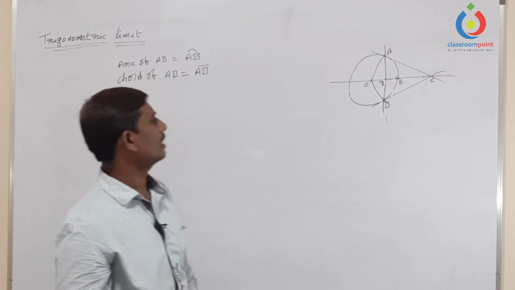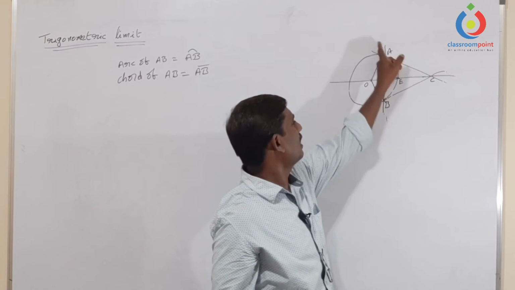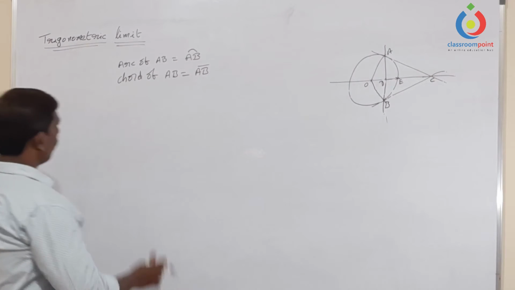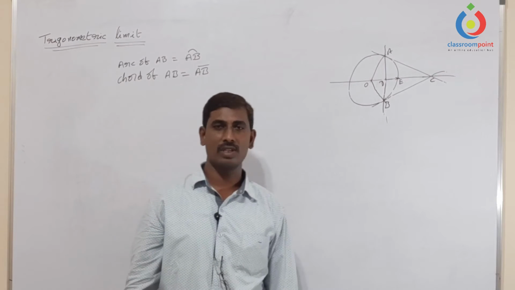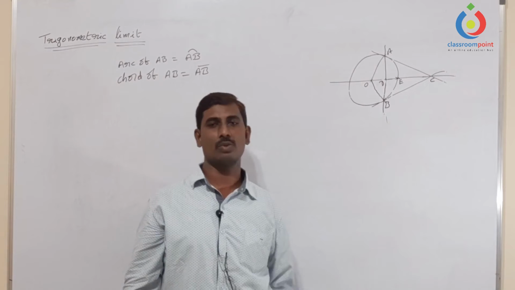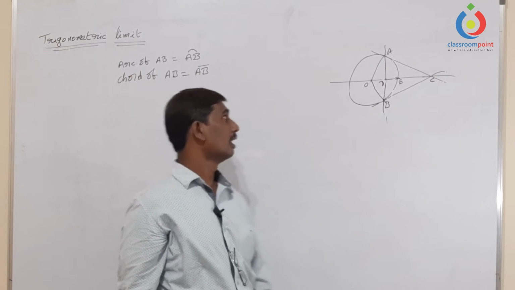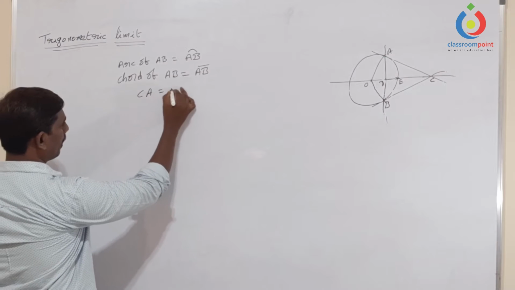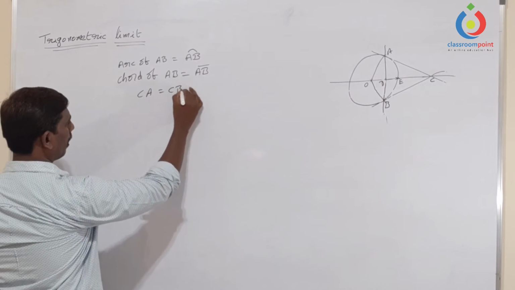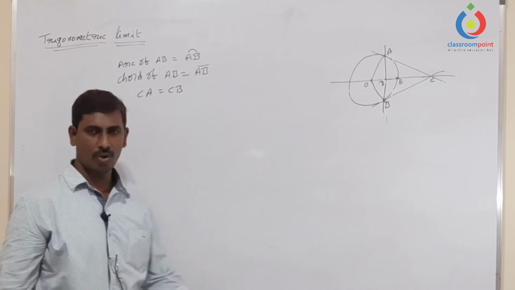Right? Next, CA is equal to CB. Everyone already knows. CA is one of the tangents of the circle and CB is also one of the tangents of the circle. Here CA is equal to CB.